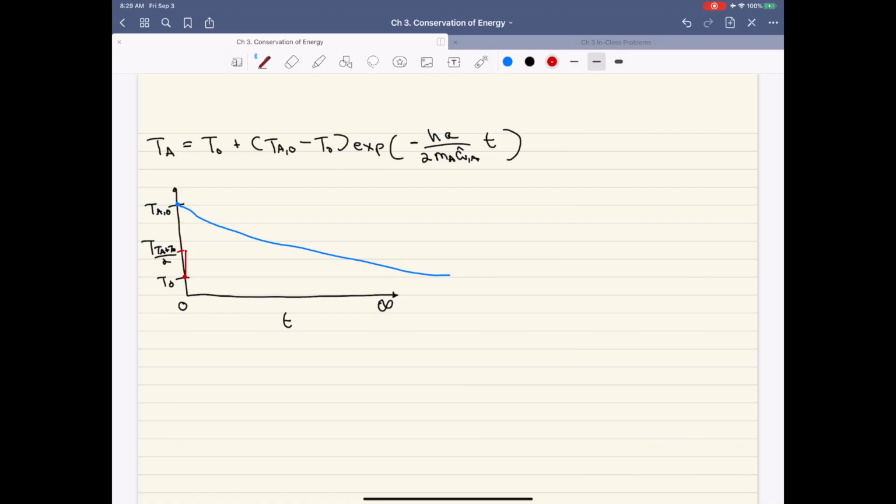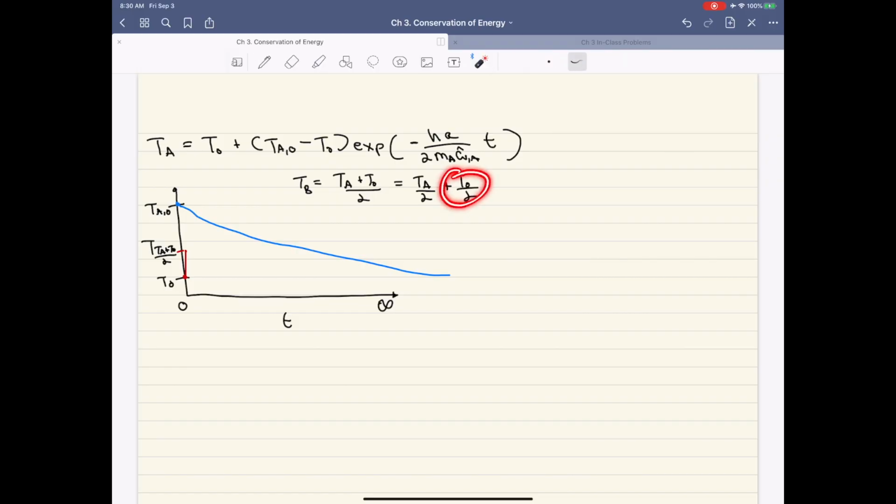And then, since TB, which I'll write again here, is essentially TA divided by 2 plus T naught divided by 2.